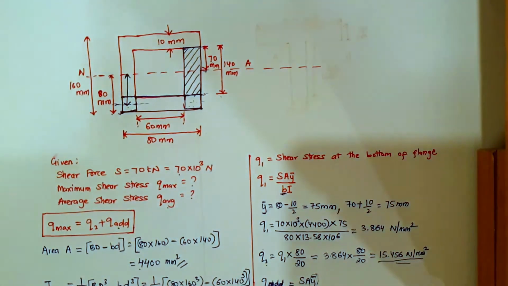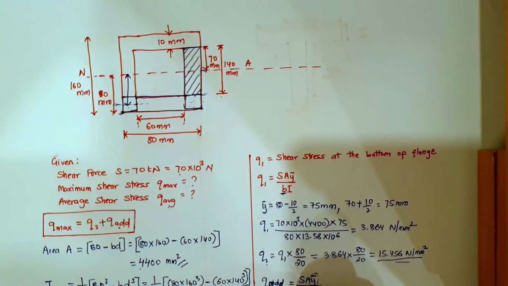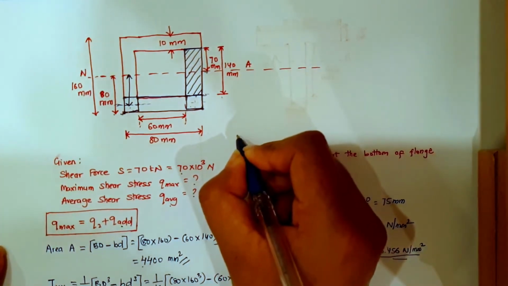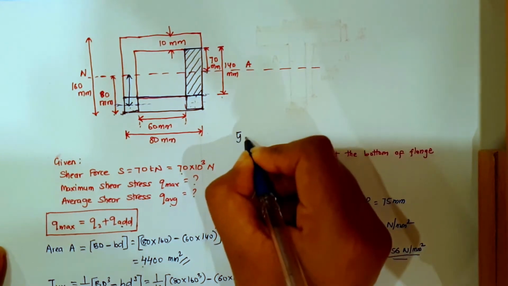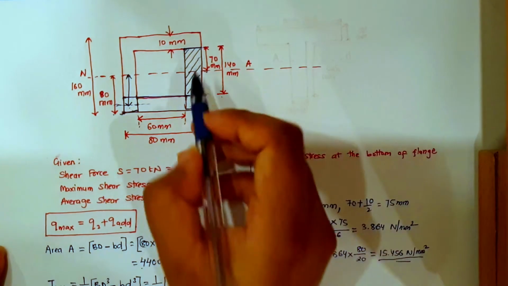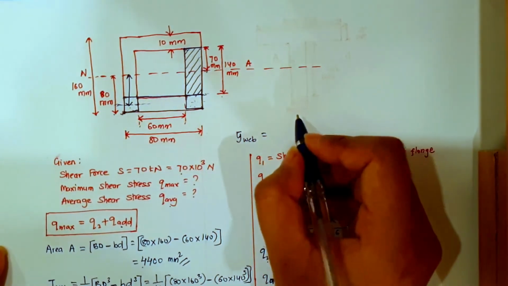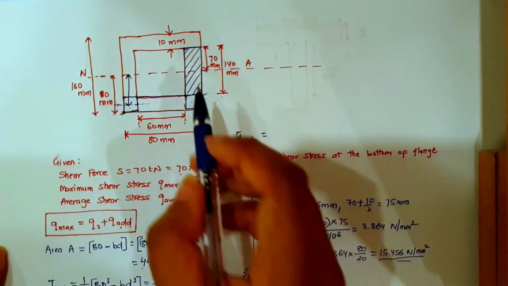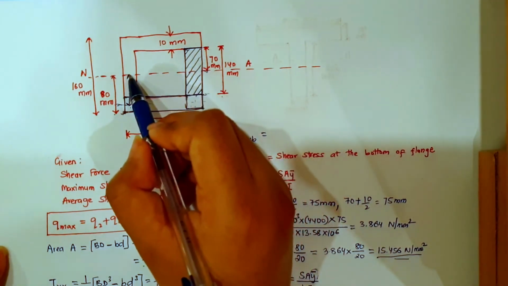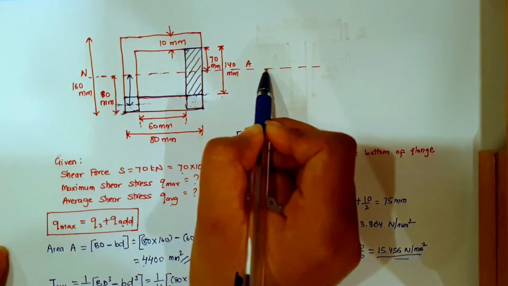Now for this, how much will y bar be? Y bar for the web portion will be equal to half. The neutral axis is running in between, right?